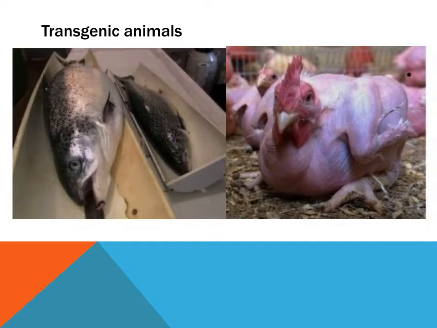They also made them grow faster and grow bigger and fatter and have particularly large breasts so that they can sell the chicken breast at the supermarket. And if you notice, these chickens are not active because they are so heavy. They end up dying very quickly, and so it leads to other health concerns.